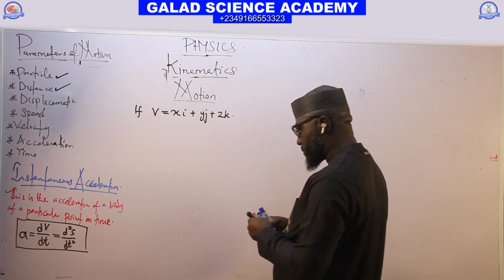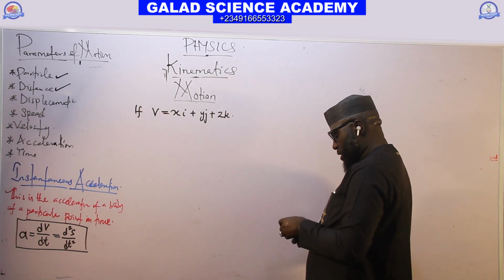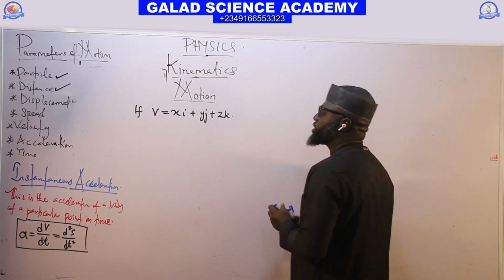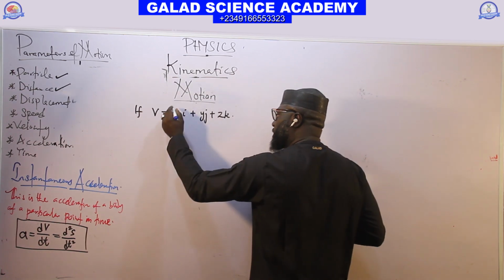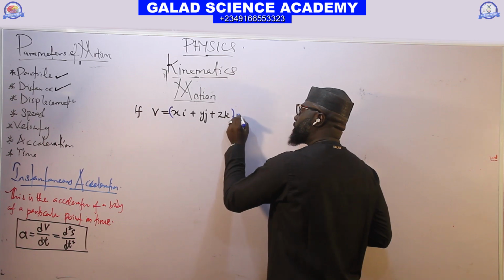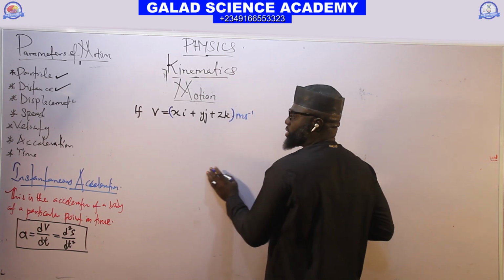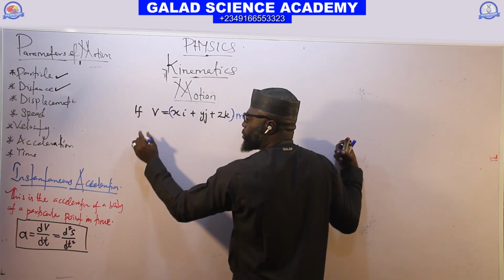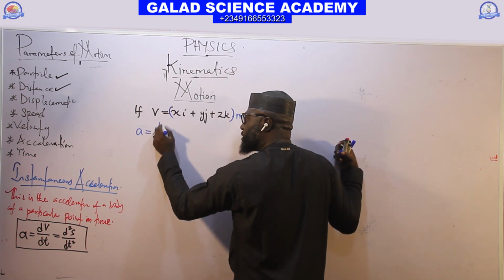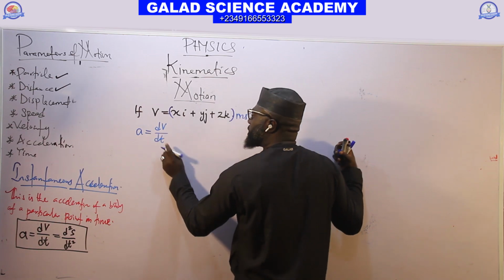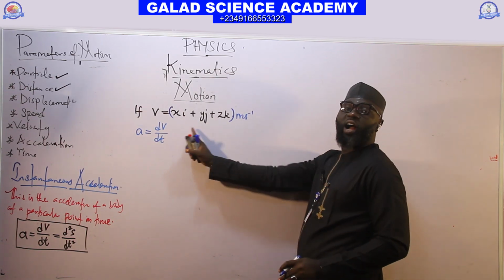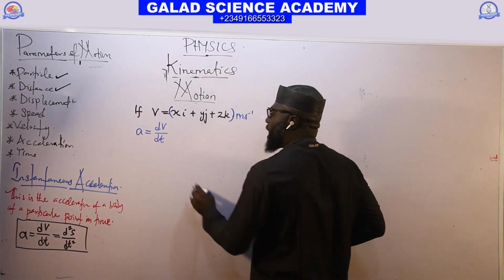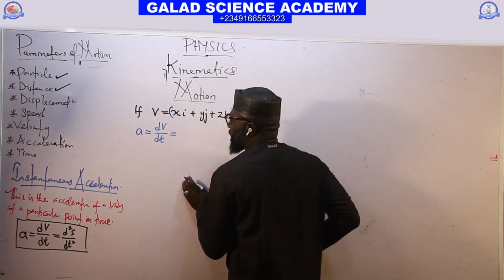We are now asked to find the acceleration of this body, which is moving in meters per second. The acceleration will be A equal to dV over dT. We are given this as our velocity, so you will now apply differential calculus.